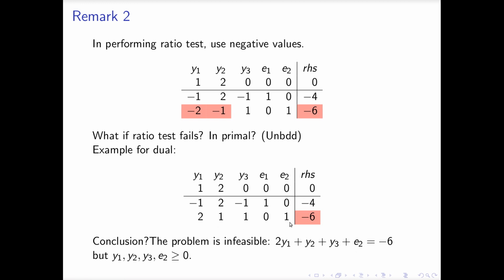You can't sum a bunch of positive numbers together and get a negative number. And so therefore this is infeasible. And this makes sense, because if the ratio test fails in the primal, that meant we had an unbounded solution. But if it fails in the dual, we get an infeasible solution.